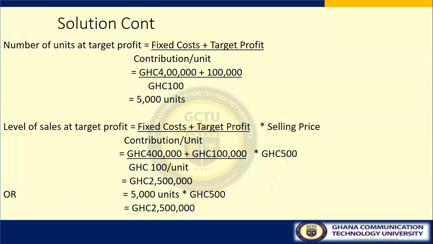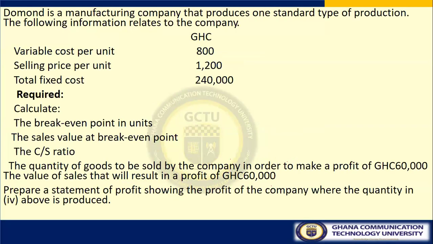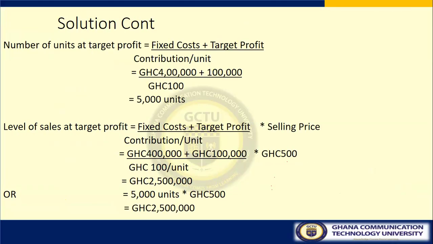Okay. So with these formulas, please solve this. Sir, please can you come back again? I want to see the last one. It's saying contribution is equal to selling price minus variable cost. And then break-even point in unit is equal to fixed cost divided by contribution per unit.